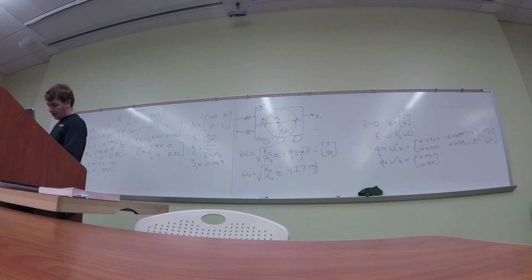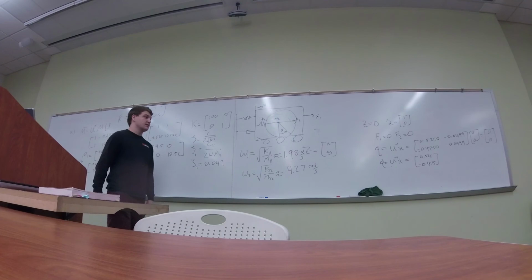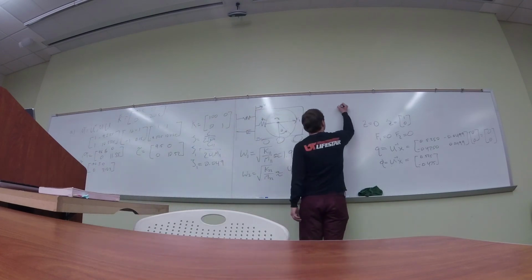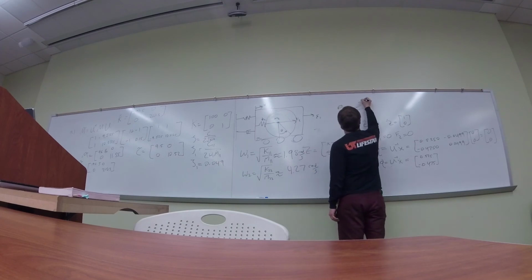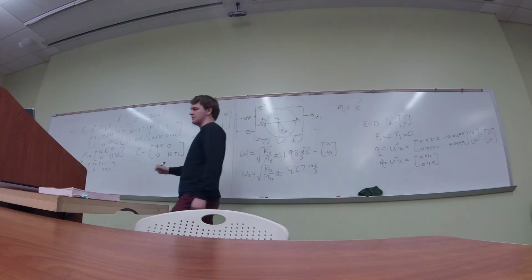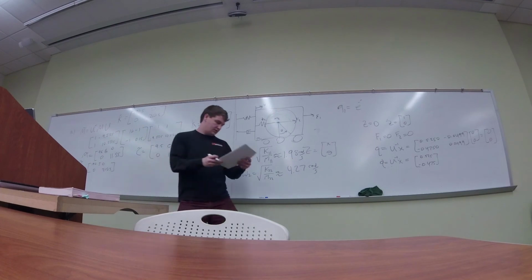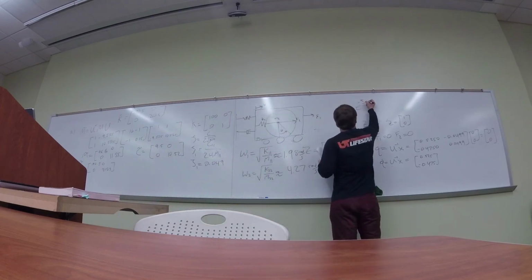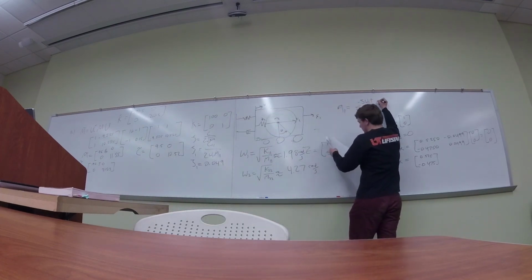From that, you could get, from this, you can find what your Q1 is going to be, e to the negative zeta omega n times time. And he wants the contribution of the first mode only, so it's going to be just t.